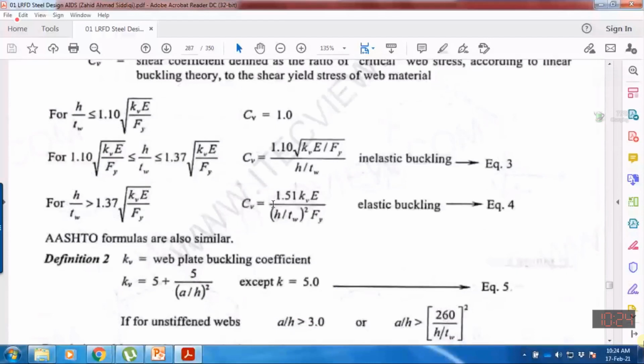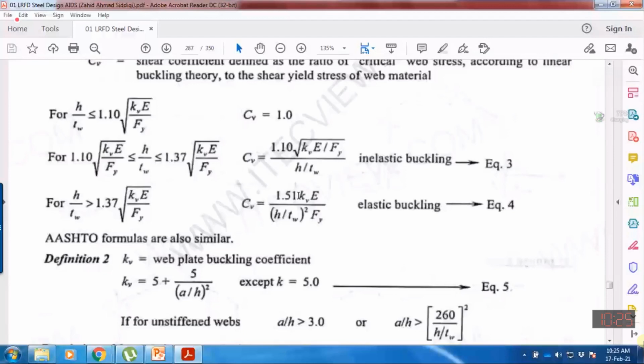So first, we assume that the height of the web over the thickness of the web ratio is more than this parameter, because KV is unknown. We will assume this condition and use this equation to determine the KV value, just like here. So we are assuming that the height of the web over the thickness of the web ratio is more than 1.37 times the square root of kV E over Fy.